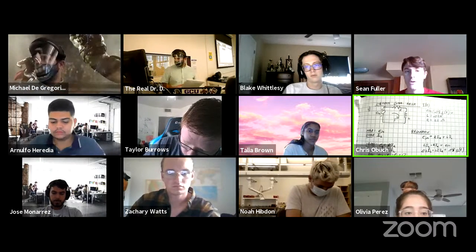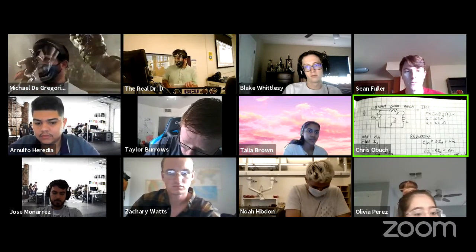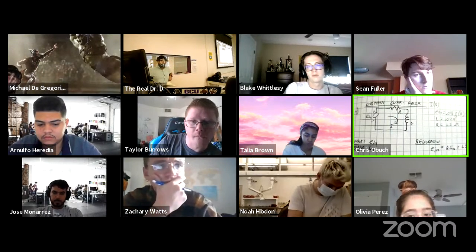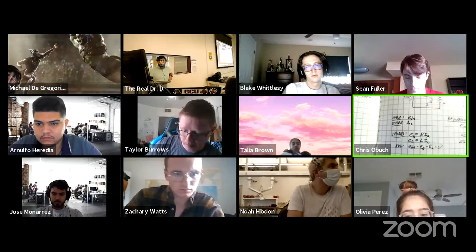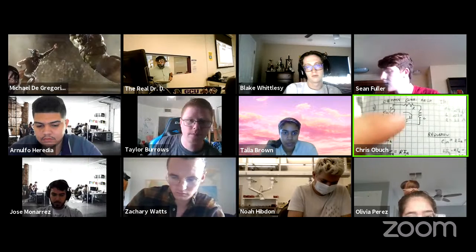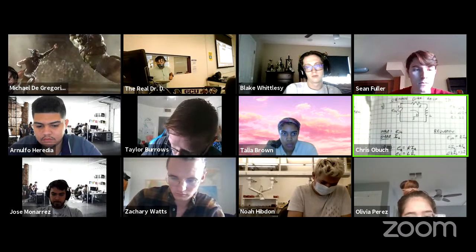So this is as far as I've gotten. I've got the sketch here with the resistor and the inductor and then the conditions. Input is our E in, the voltage, and output is the I_L.